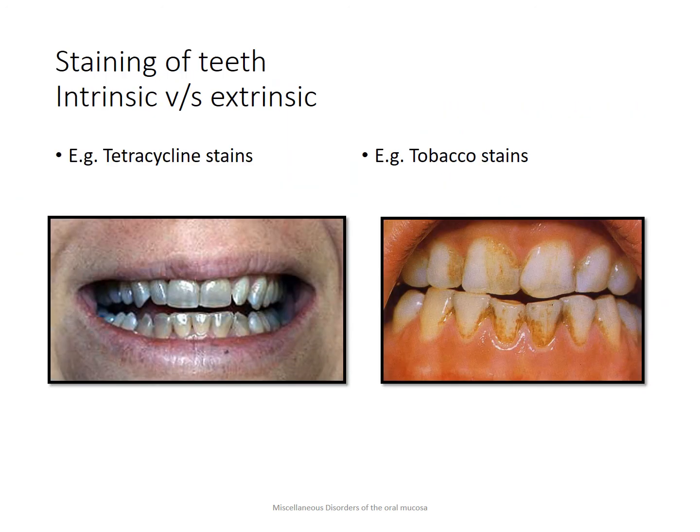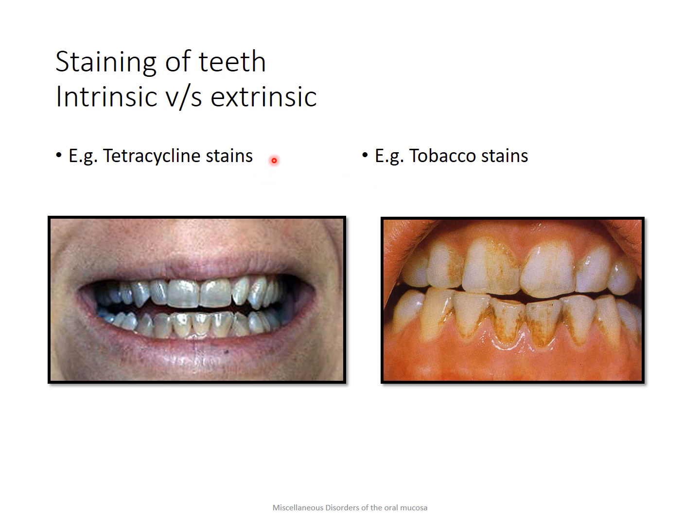Moving on to the last part of this lecture, staining of teeth. As I told you, the term staining is generally used for hard tissue or the stains that are seen on teeth, and these could be again intrinsic or extrinsic in nature. Intrinsic is because it is arising from within the body itself, and extrinsic is when an external source leads to staining of teeth.